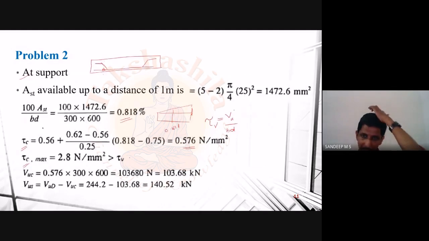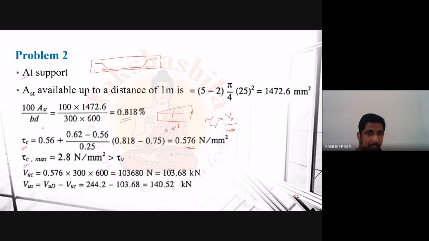So once we get the value of VU, substitute that and find the value of tau V. Once we get all these three values, we can make the comparison. We can check whether we need to provide nominal, that is minimum, shear reinforcement, or we have to design for shear reinforcement, or whether we should go for redesign of the section.